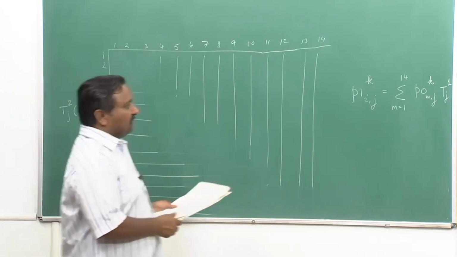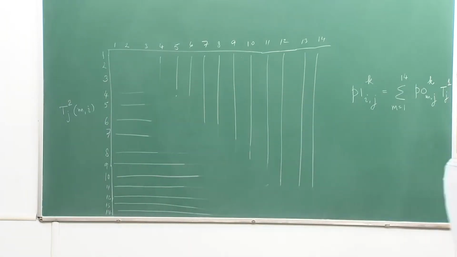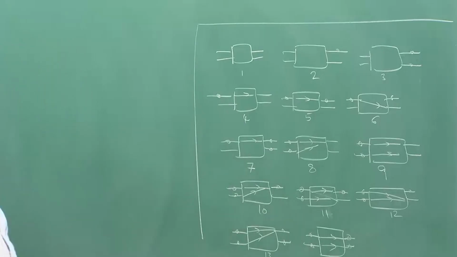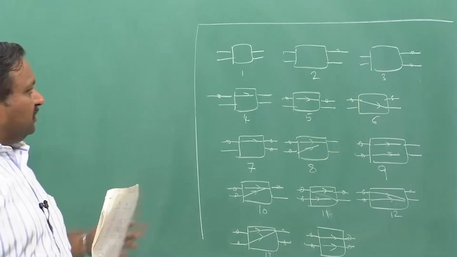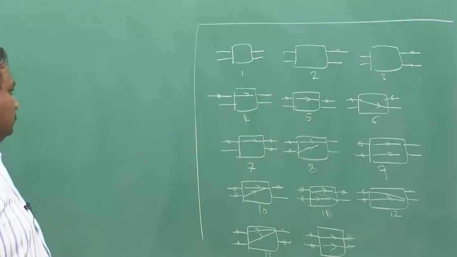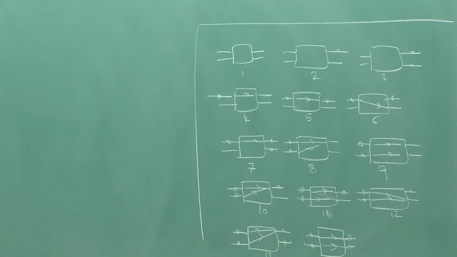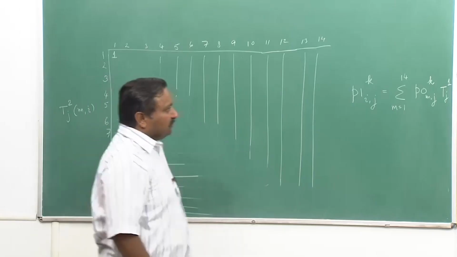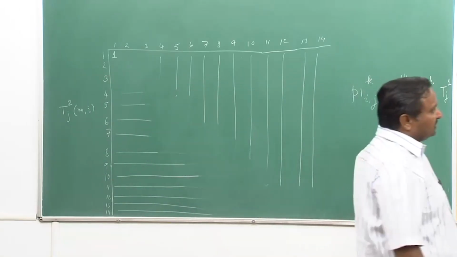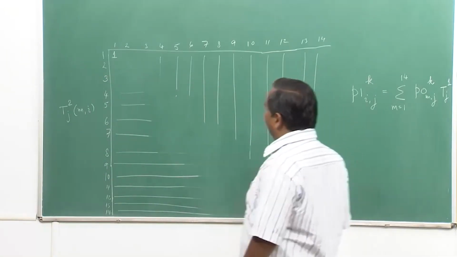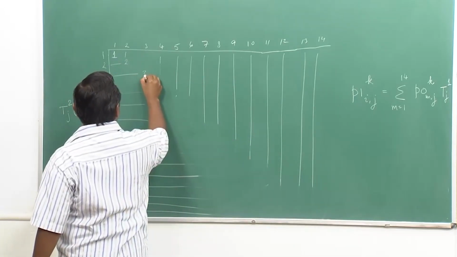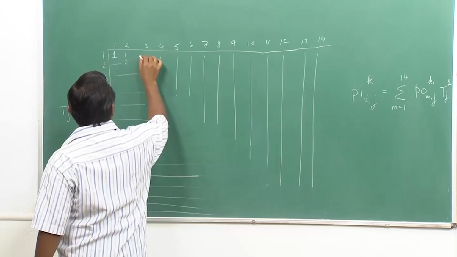So, if you are in state 1, this transition matrix allows the packet to actually move from input to output in state j. So, if you are in state 1, you will remain in state 1, obviously there is no other change. If you are in state 2, you will remain in state 2, okay. You are in state 3, you will remain in state 3.